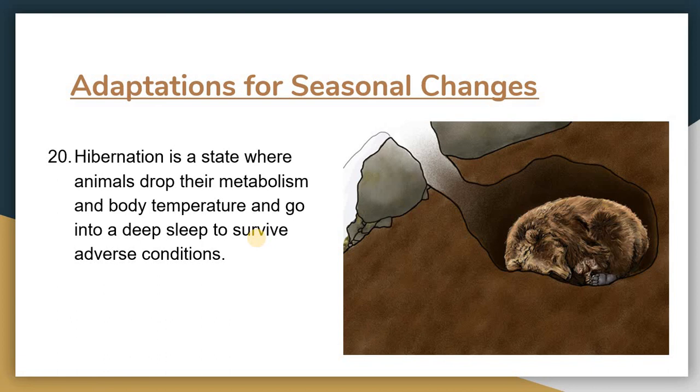So during hibernation, an animal does not move much, and its body temperature, breathing rate, and heart rate all decrease. And hibernating animals do not eat during cold months when there is little food. So they do this in order to help them to survive in such conditions.